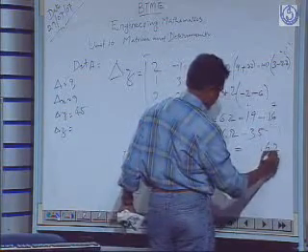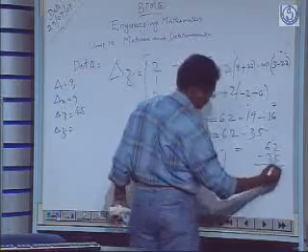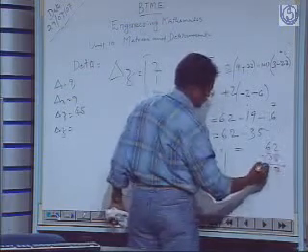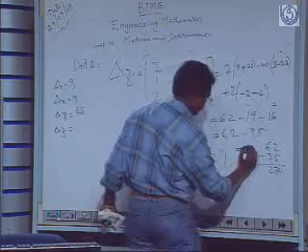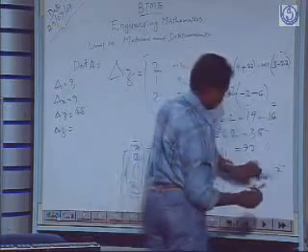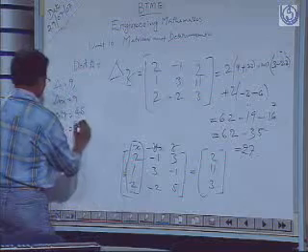What is 62 minus 35? That is 27. The determinant of delta z is 27.